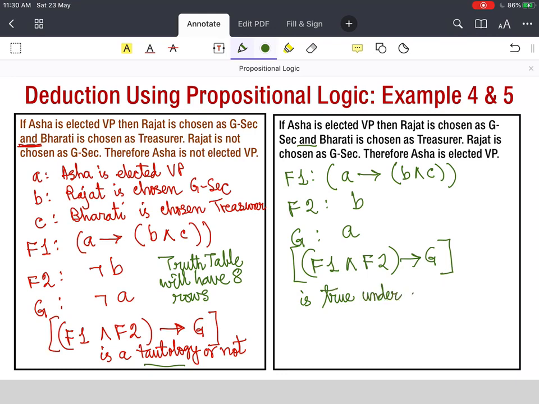Being a tautology means it is true under all interpretations or not.